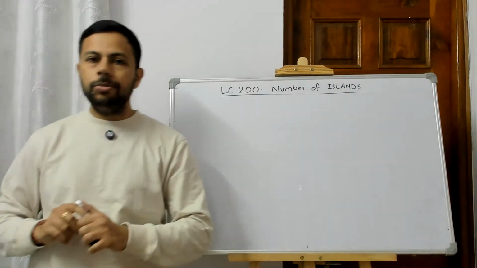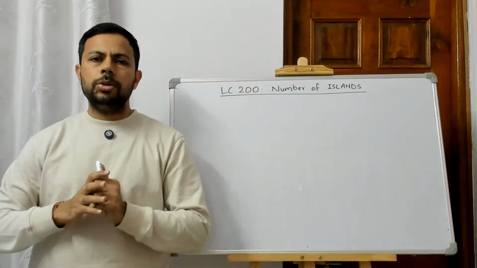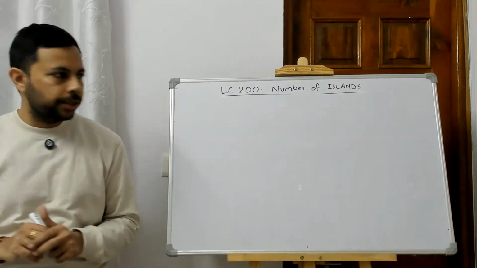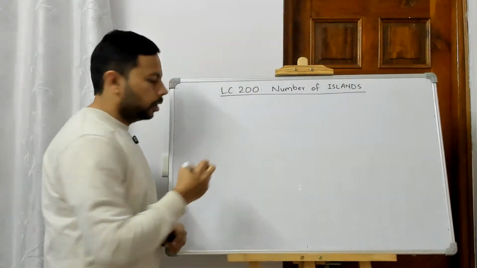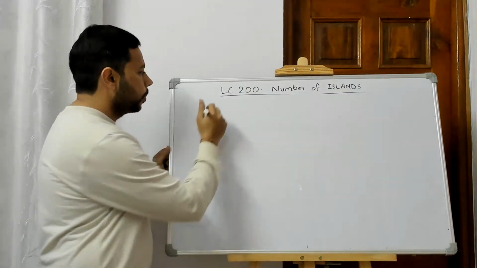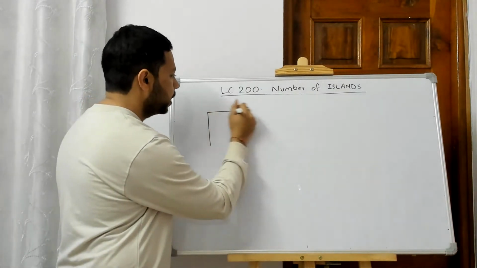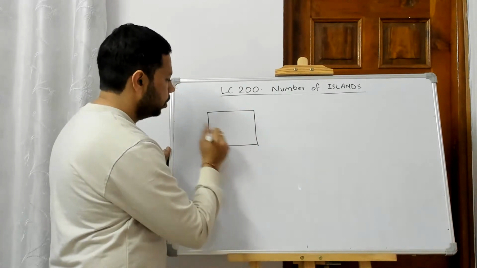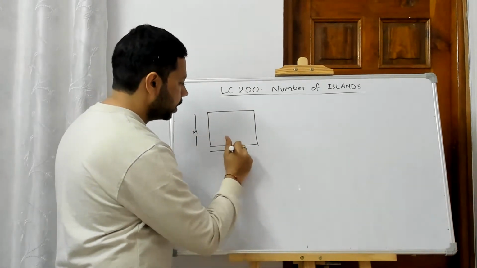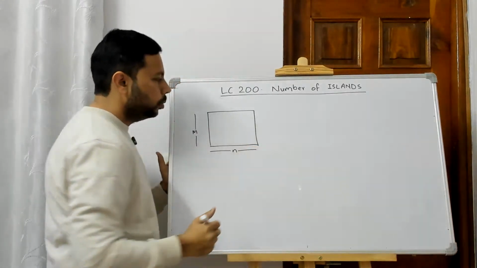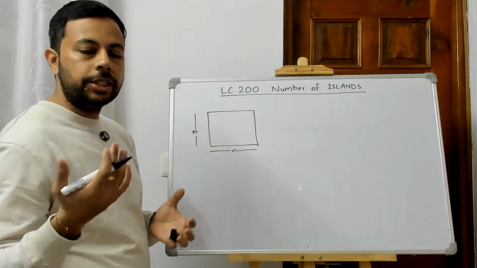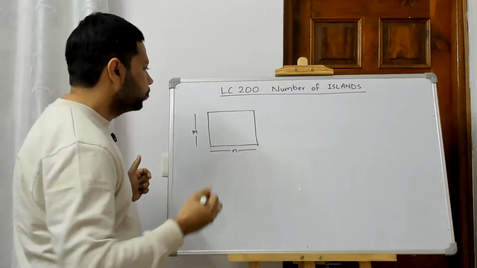In this question, imagine a grid, an N cross M grid. Imagine a grid like this. This is M and this is N. Think of it not just as a grid, but as a map of a country or the whole world.